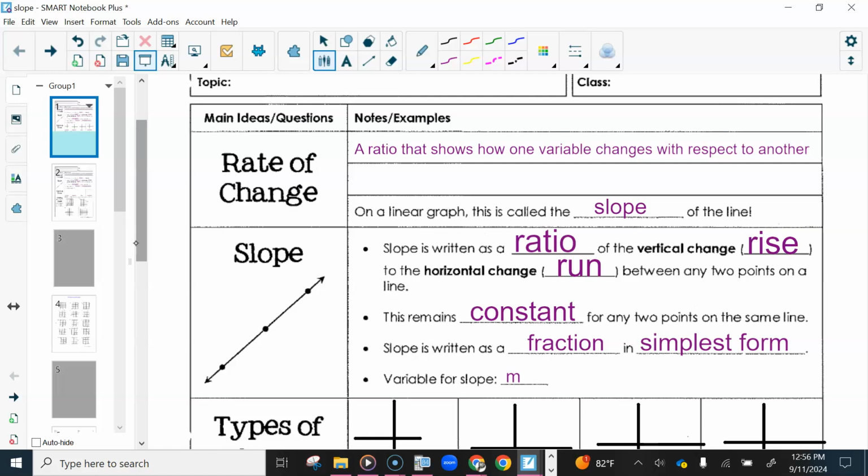So that means from point A to point B, B to C, C to D, and so on and so forth, it's always going to be the same. Slope is written as a fraction, so that's that ratio, in simplest form. We're always going to make it in simplest form. And slope is known as the variable m.